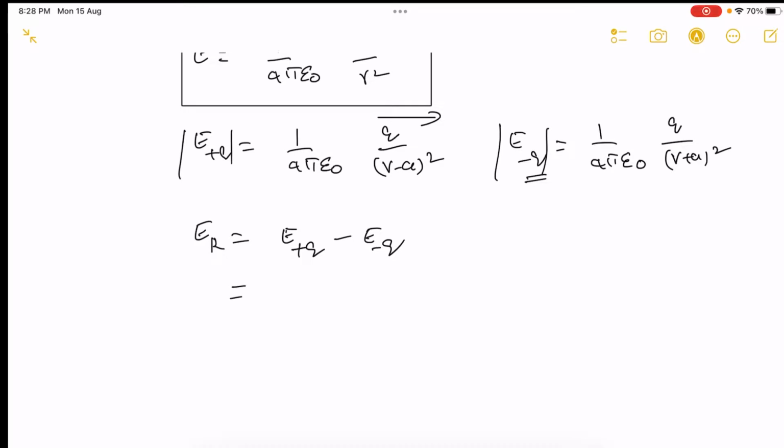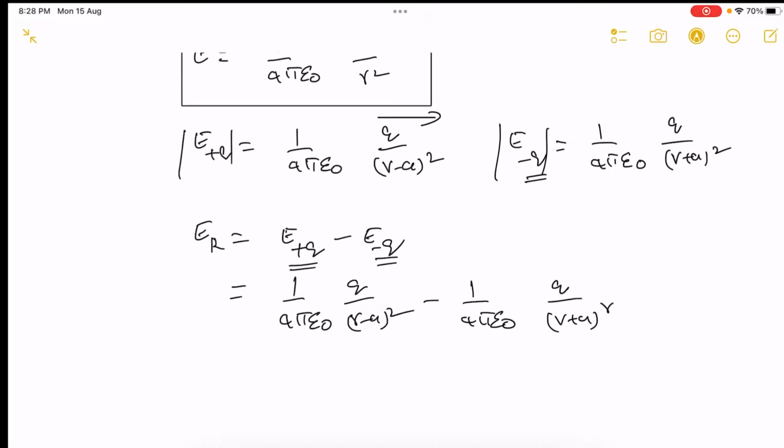So E resultant is 1 by 4 pi epsilon naught q by r minus a whole square, so this is E plus q, minus E minus q, that is 1 by 4 pi epsilon naught q by r plus a whole square.